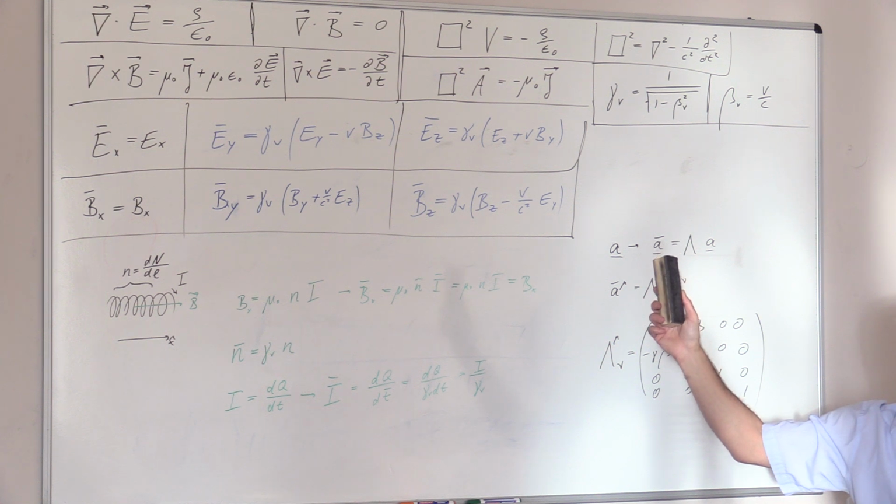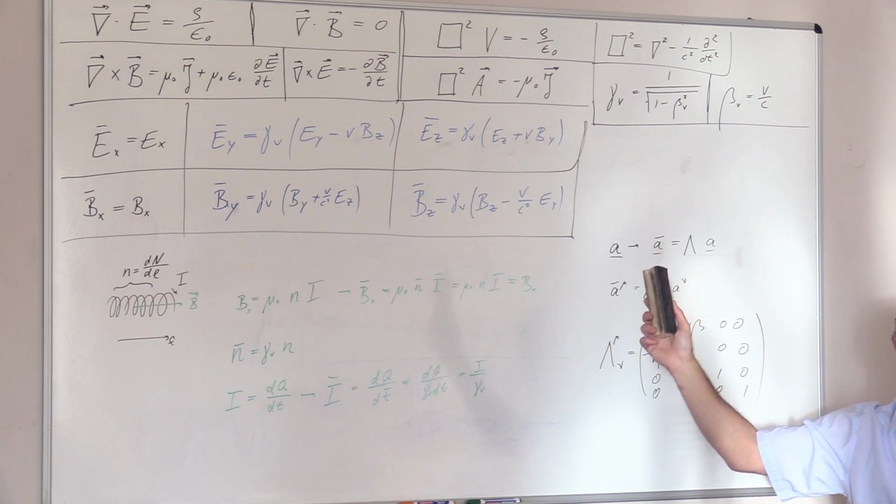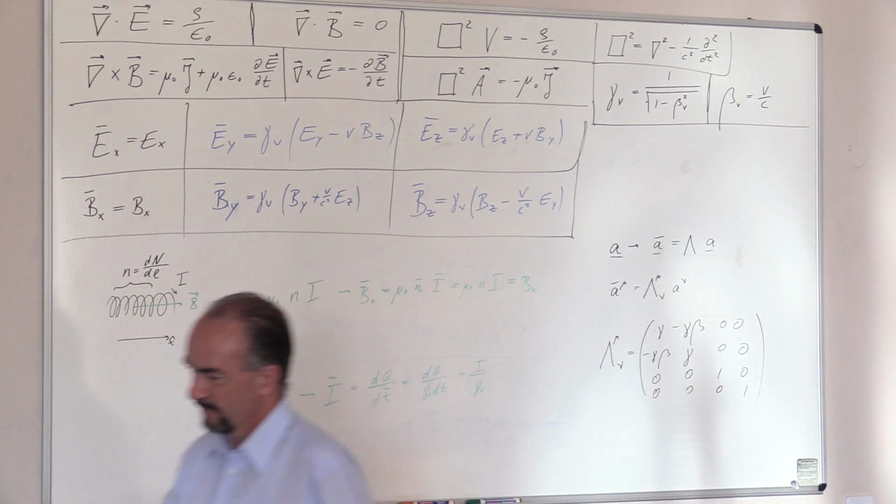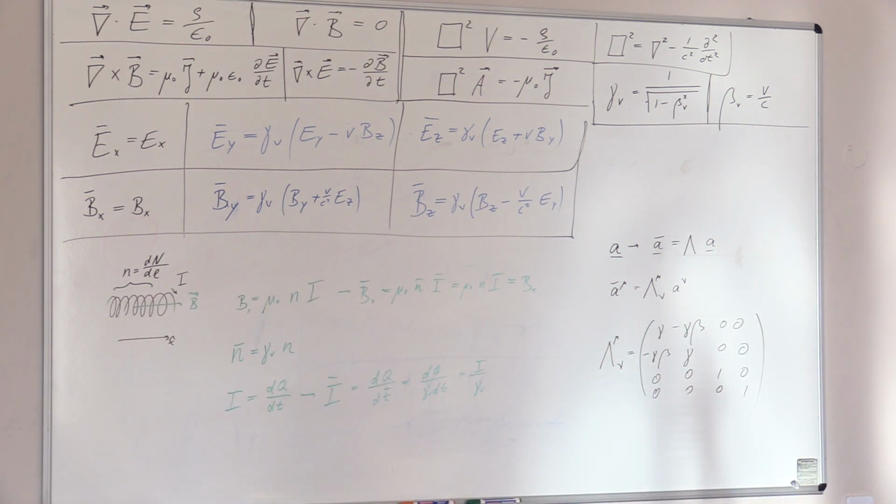That's kind of why it's called a 4-vector, right? That's 4, right? How many components do we need for electric and magnetic fields? We have 3 electric field components, right? X, Y, Z, and we have 3 magnetic field components. So that's a little too much for simply a 4-vector, right?